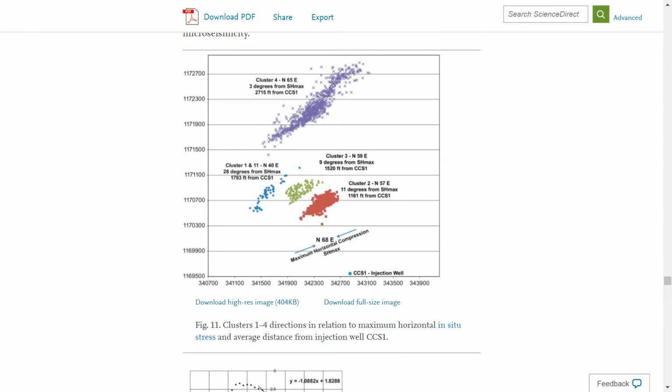So what you see here, this is a top view, okay? This is a top view, and all of those are events of microseismicity. This is the y-axis in feet, north-south, east-west in the x-axis. Question: what kind of faults are those?